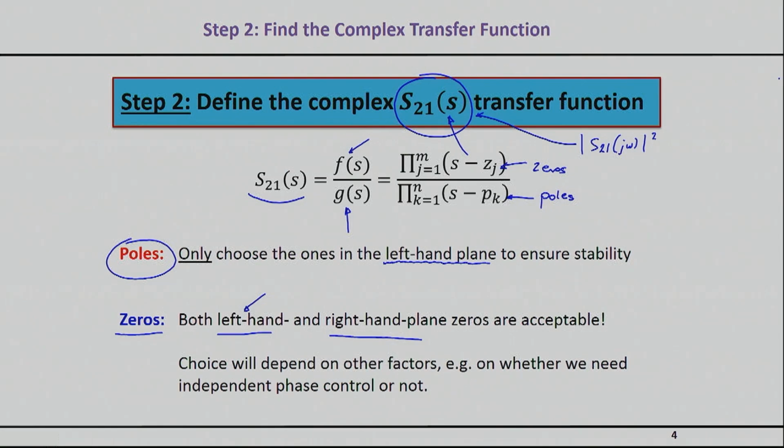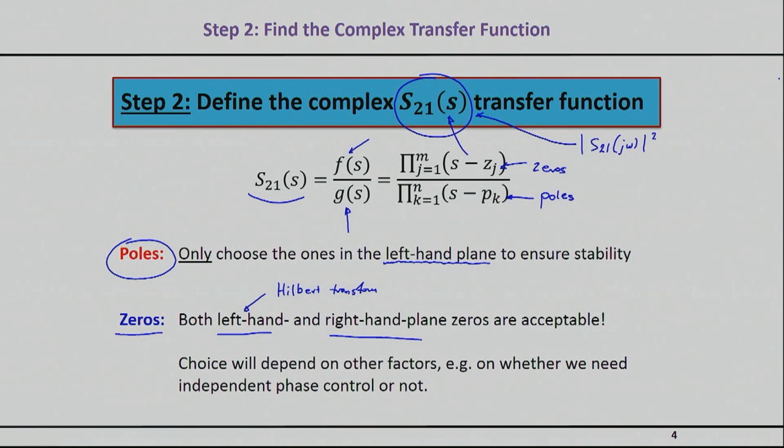And this is a well-known property. In fact, for this case, the phase and the magnitude are related by a Hilbert transform. So once you know one, you know the other by simply taking a Hilbert transform. On the other hand, if you choose right-hand zeros, then you can control both of them independently. But the synthesis becomes more complicated. And so that's the trade-off.